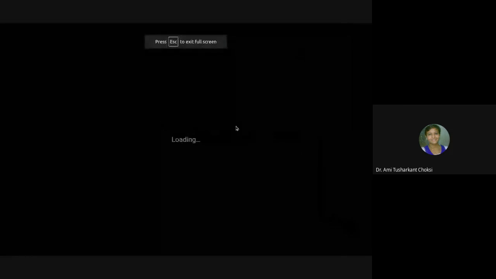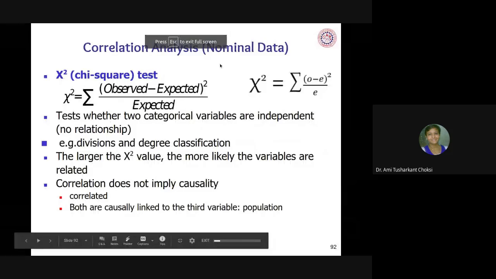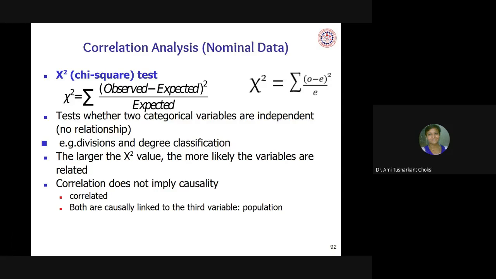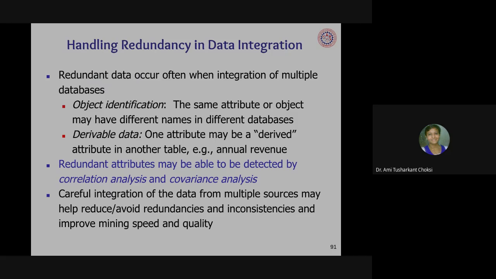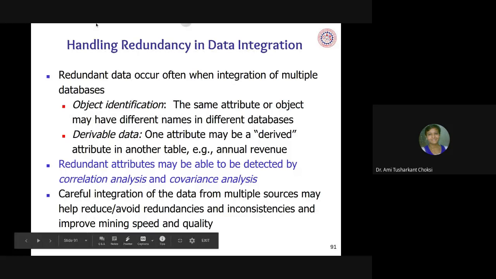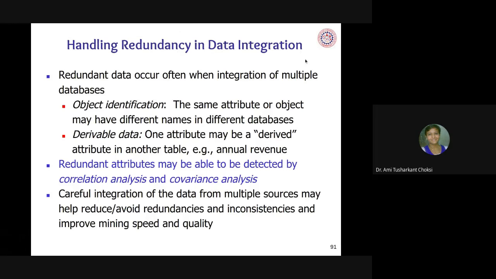We want to learn correlation analysis, right? But why do we want to learn that? For that, let us see the previous lecture content, so we can know why we want to learn correlation analysis. We learned about handling redundancy in data integration.